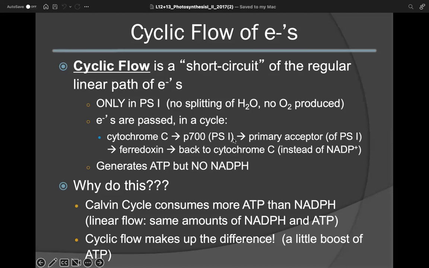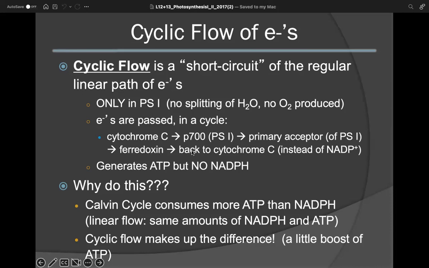So if I were to ask you a question differentiating between linear flow of electrons and cyclic flow of electrons, or compare and contrast, I guess would be a better way, you would say that they both involve cytochrome, they both involve P700, they both involve the primary acceptor, and they both involve ferredoxin.